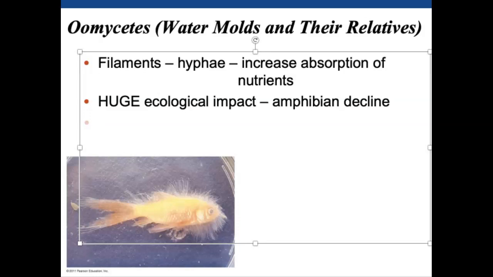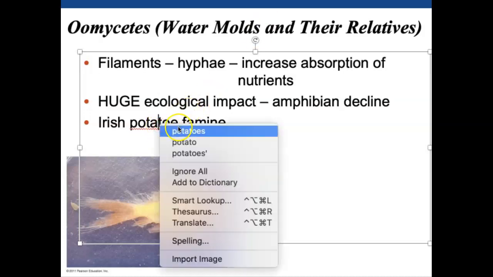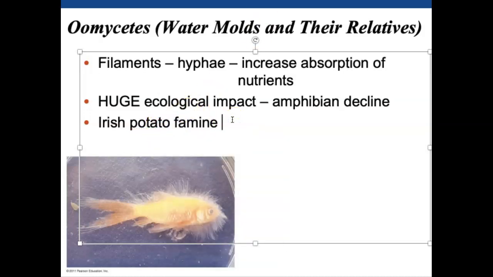And lastly, historically, these things played a huge role. Anybody who is familiar with the Irish potato famine in Ireland, there were two, 1845 and 1847, which drove a large number of Irish immigrants to the United States.